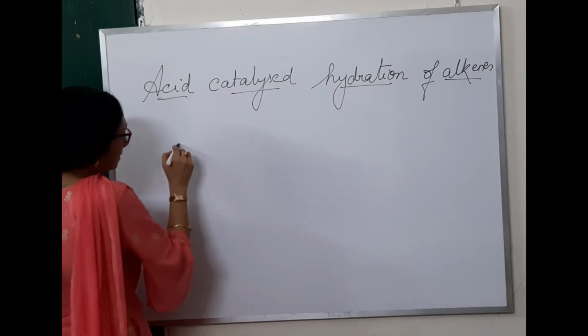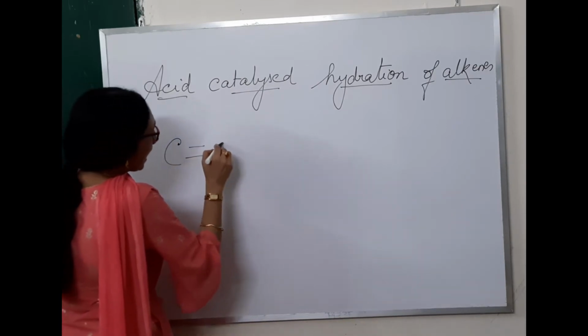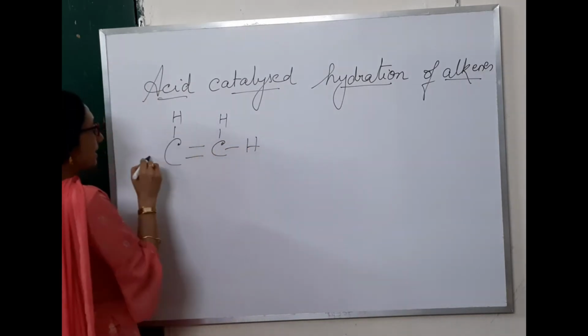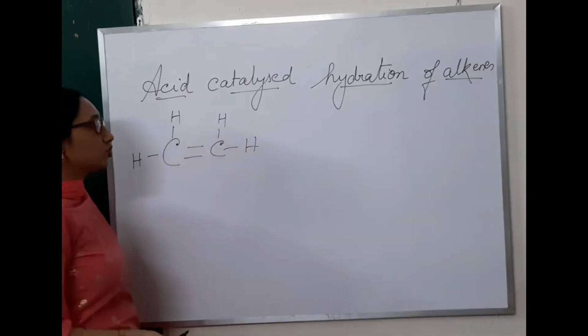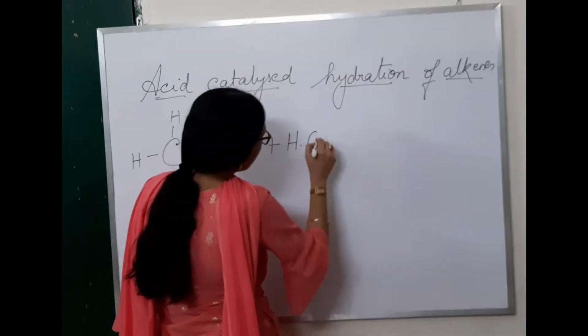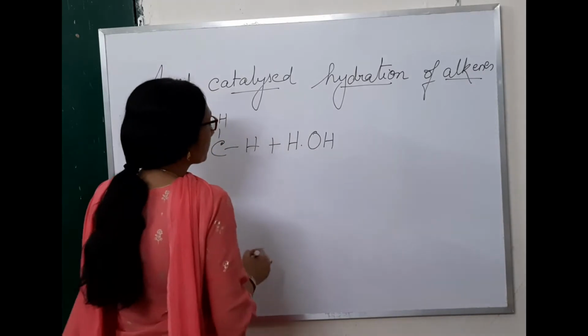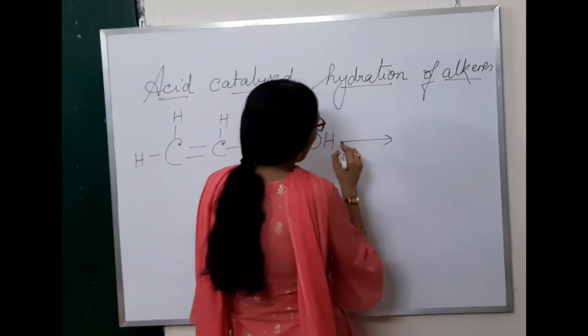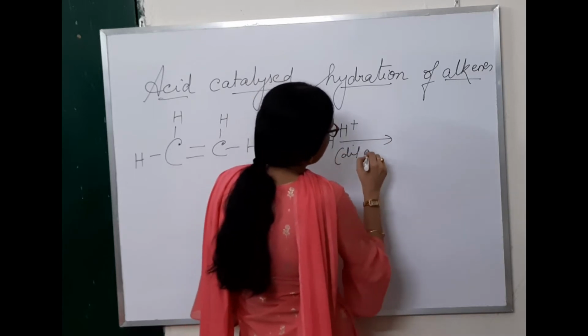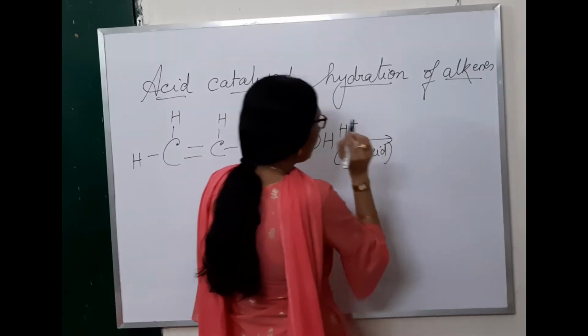Now in this method, we will add water to an alkene. Let us take our alkene to be ethylene. So ethylene plus water in the presence of dilute acid. Let it be dilute sulfuric acid.